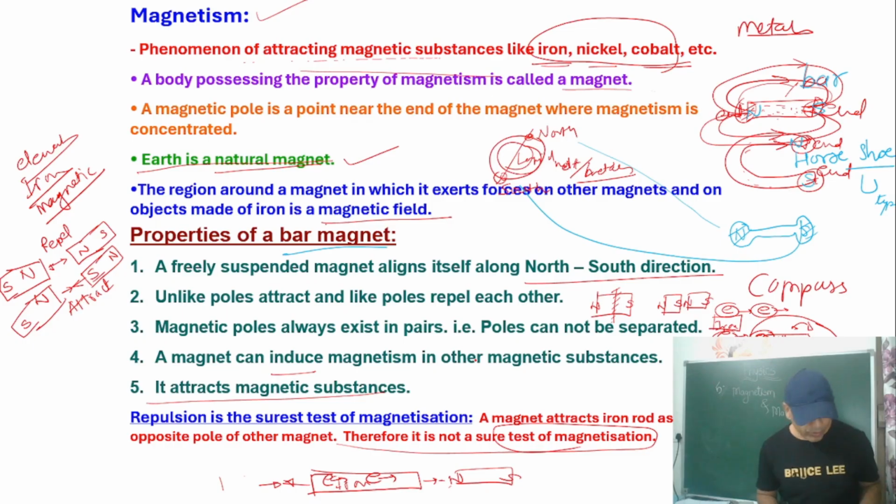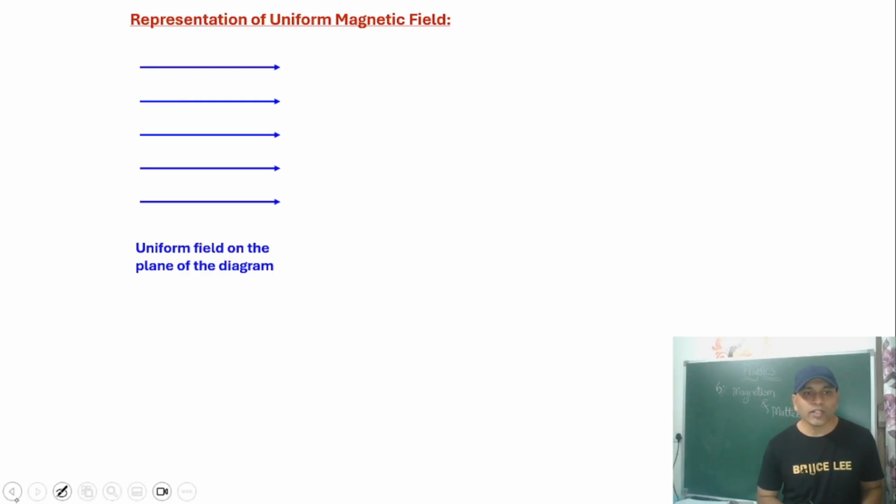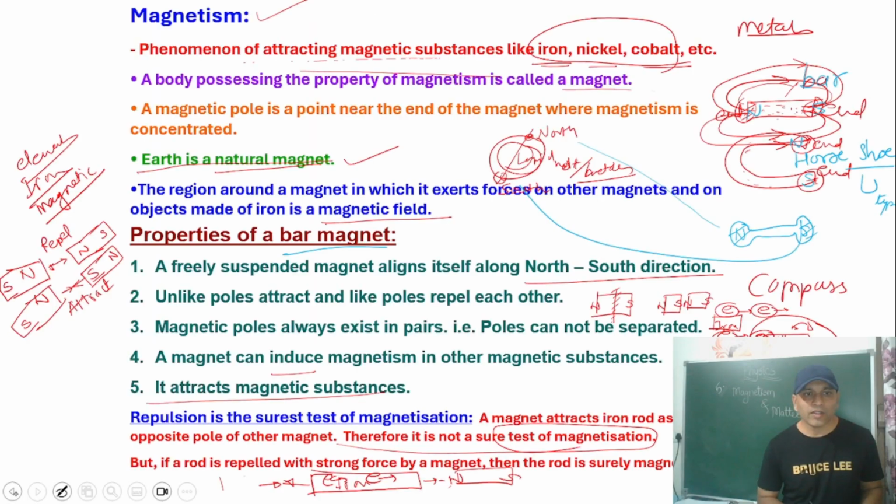Now we are going to see the next topic, the representation of a magnetic field. What is representation? We will show arrows, and these arrows will show the uniform magnetic field on the plane of the diagram. In the last diagram, I showed you that there are magnetic fields, but we will consider only this part.